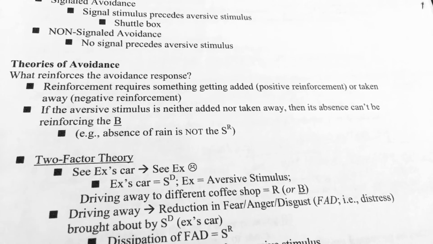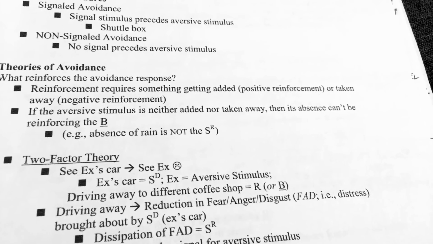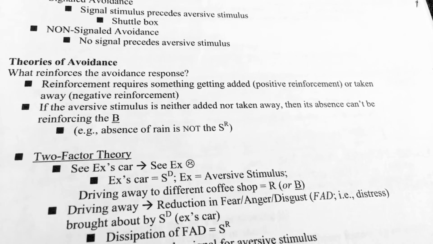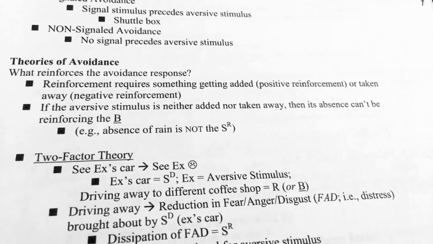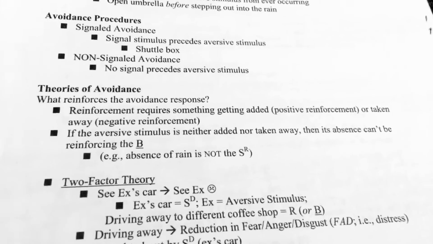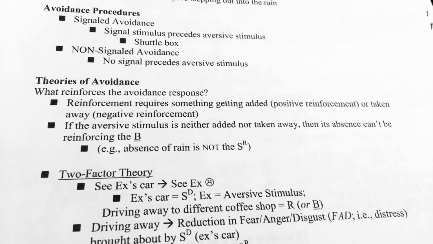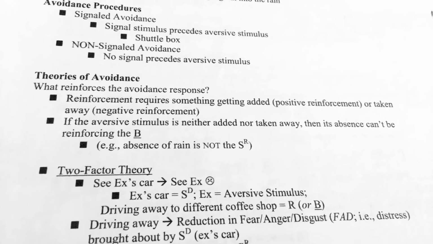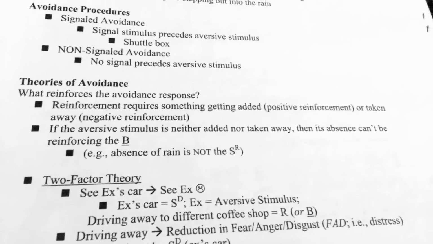If the aversive stimulus is neither added nor taken away, it can't be reinforcing the behavior. So if the stimulus never happens, such as the rain coming or your ex-girlfriend never showing up and you yelling and getting into some argument, then that never becomes a reinforcer, essentially.